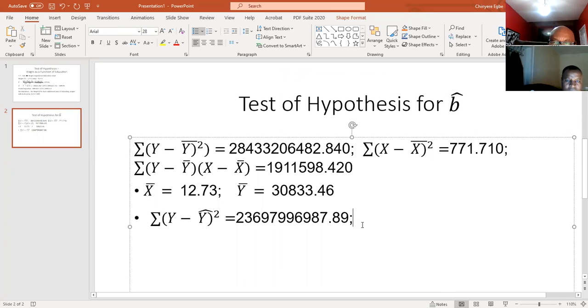Your null hypothesis will be that education does not affect wages. So you state your null hypothesis, which is that B is equal to 0.